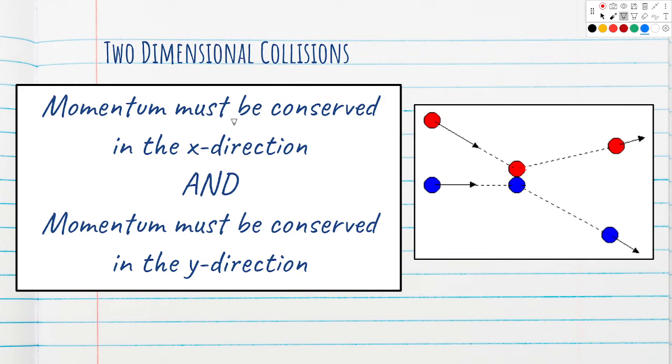But the idea is that you simply conserve momentum in the X direction, and then you conserve momentum in the Y direction. And if you had a 3-dimensional problem, you'd also have the Z direction in there, all right? Like I say, we don't need to worry about doing that, but just be aware that it's another case in physics where if things are happening in multiple dimensions, you take care of each dimension independently and then put it back together.